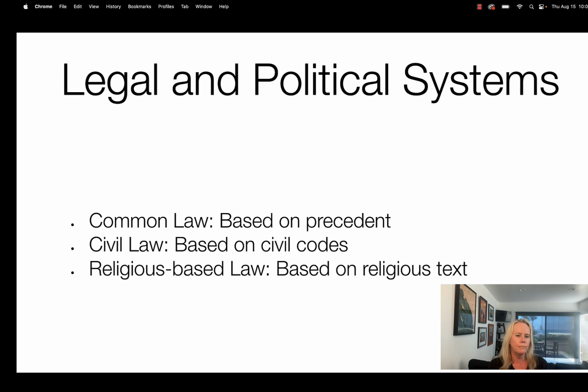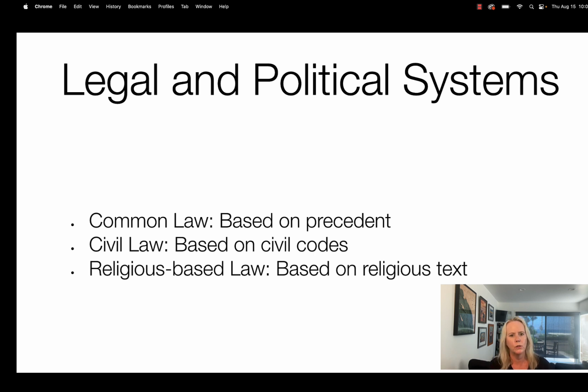In looking at legal and political systems, we generally see law based in three different ways. Many legal and political societies are based on common law, which is based on precedent. The United States and the United Kingdom both are based on this concept of common law, where most things fall on precedent. Civil law systems are based on civil codes. So contracts, for example, which in the United States is predominantly covered by common law, in a civil law-based society, those laws guiding contracts are based on civil codes.